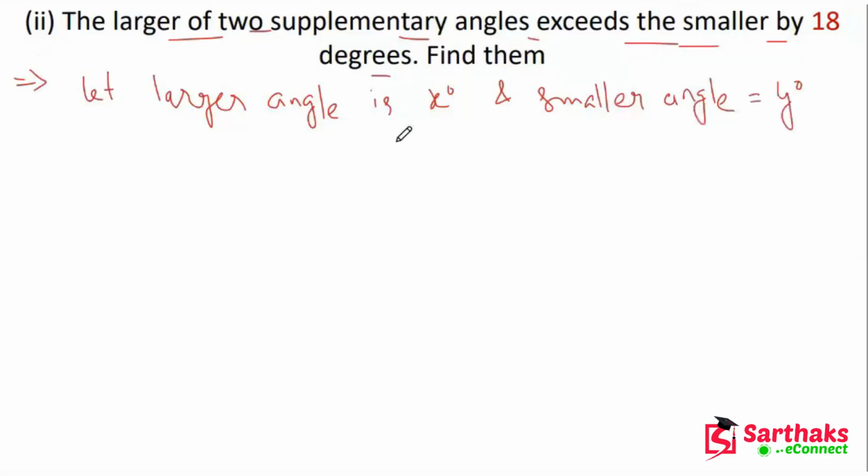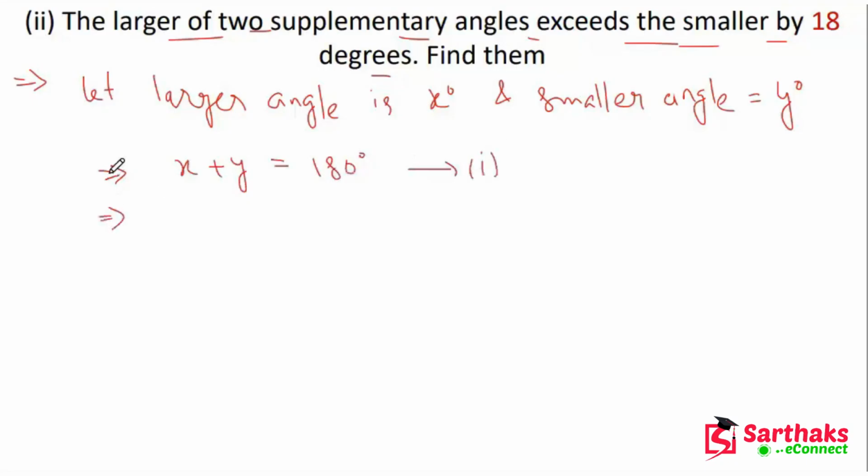Okay, so we know that the sum of two supplementary angles is always 180 degrees. Okay, so x plus y is equal to 180 degrees. This is our equation first.